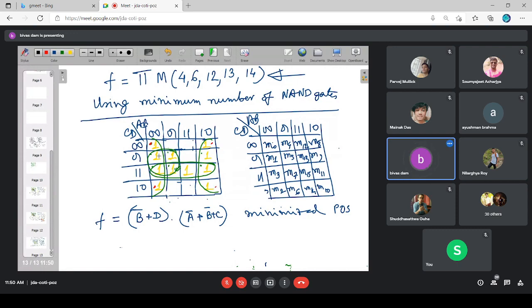For example, this was also covered, this was also covered, but I am taking them to realize this particular quad where this uncovered and this uncovered ones are getting covered. So these two helped cover the two uncovered ones, so I am taking them.